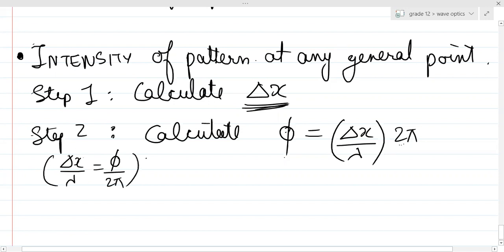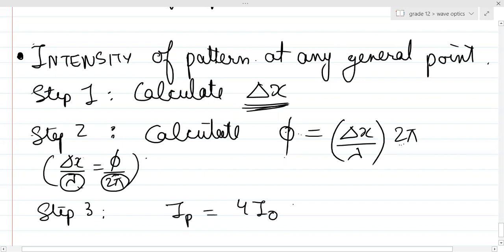If you want to convert between them, one complete wavelength is a complete 2 pi phase. Once you found the phase, step 3, we know the intensity formula. The intensity at point P will be 4 times I naught into cos square phi by 2. We derived this formula, if you remember. Have we derived this?